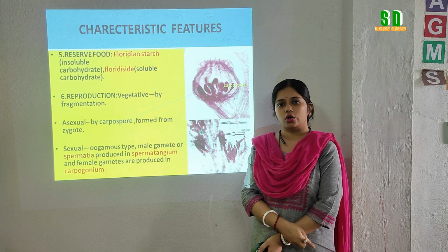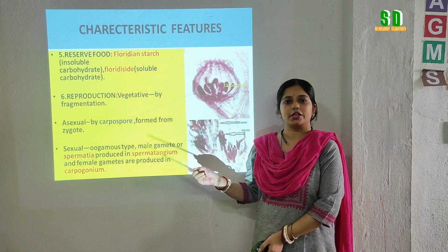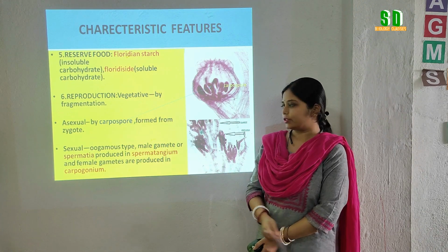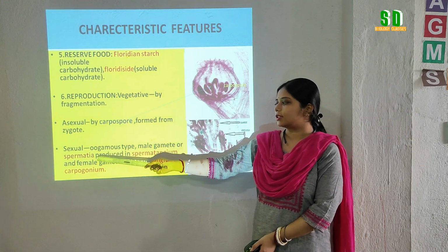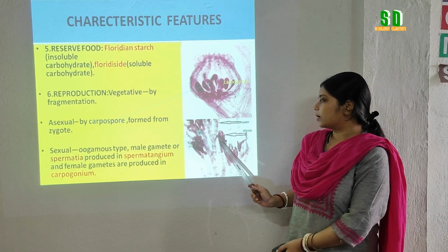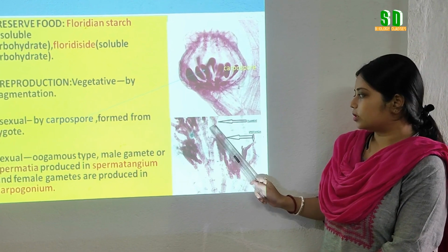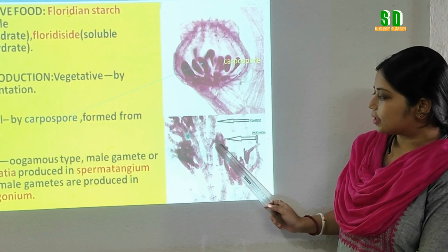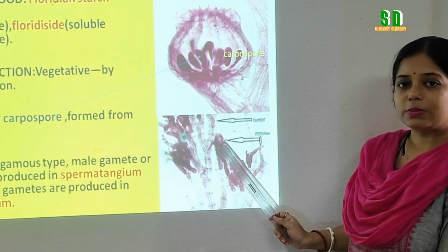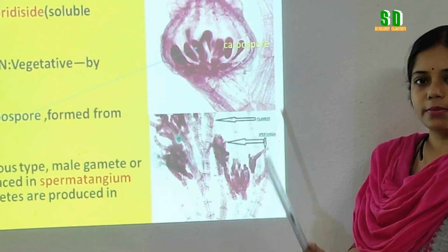With the help of the water current, the spermatia fuse with the female gamete. Here you can see that the spermatia are produced within a specialized structure, the spermatangium. These are the simple filaments of the rhodophycean member, and these structures, the spermatangia, are where the spermatia or the male gametes are produced.